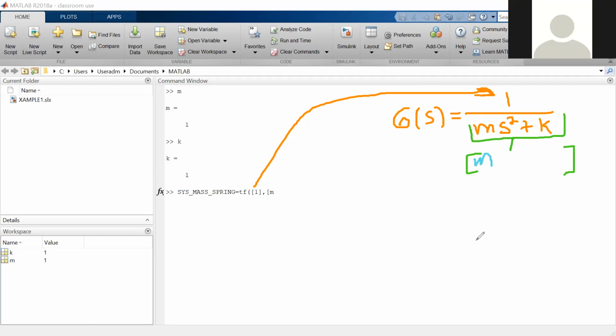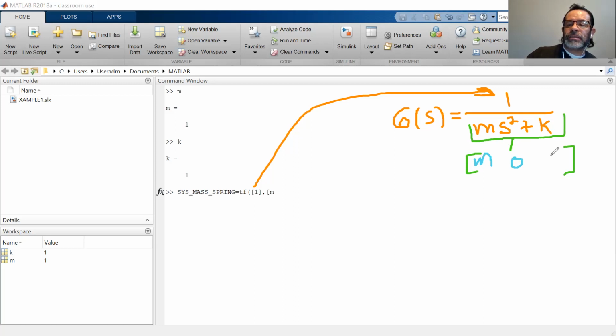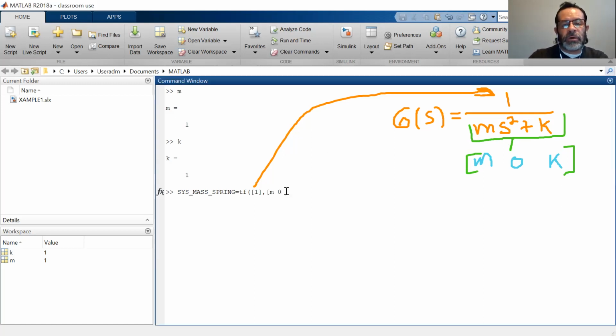S. No, s is the variable. We're representing the coefficients. Zero. Yes, 0. Because the first element is s squared, the second element is s, and s isn't there, so it's a 0. And the third element is? K. K, correct. And so coming back over here, it's going to be M, 0, K. We close up the parenthesis.